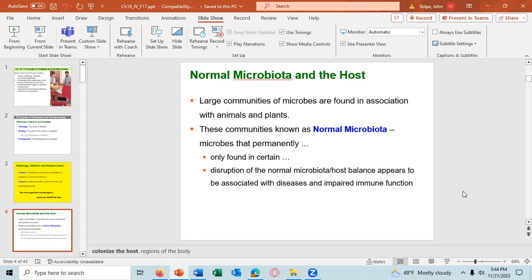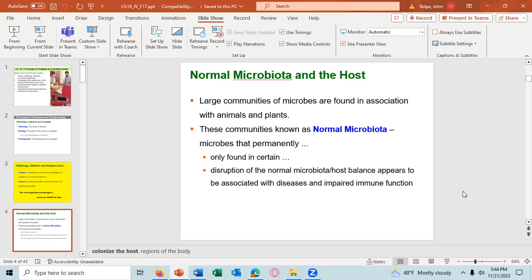And initially, in the patient, even after a vaccine, you will have very low numbers of the vaccine or the bacteria.